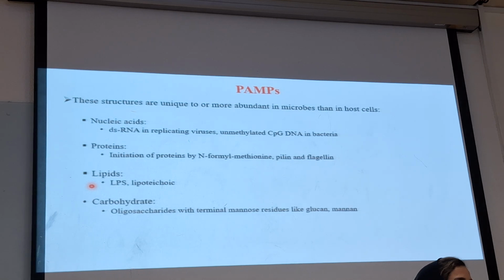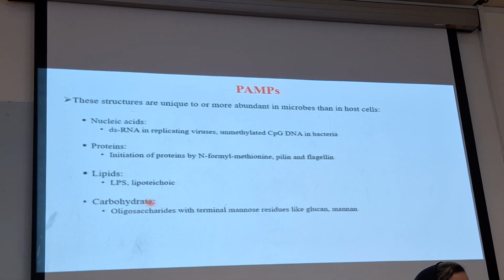There are also some lipid components in pathogens that aren't present in our body. For example, gram-negative bacteria have LPS as a lipid antigen, and some gram-positive bacteria have lipoteichoic acid as a lipid antigen. We don't have this type of lipid in our body.